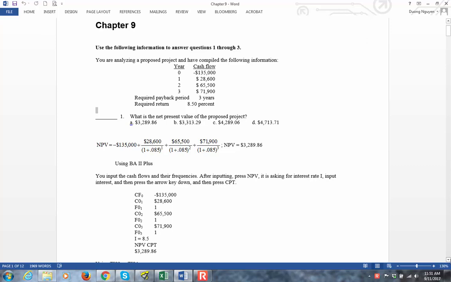According to the formula, NPV is the present value of all the cash flows. Let me use the pen over here.